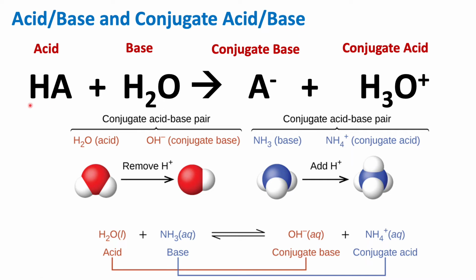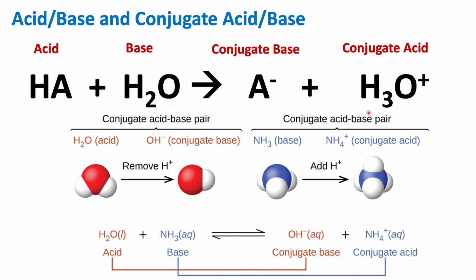It's going to donate its proton, and then we're going to be left with A-. That proton is going to be passed on to the base, and remember, the base is the proton acceptor. So when the H2O accepts that proton, it's going to become H3O+. It gains that positive charge because it gains that extra hydrogen.